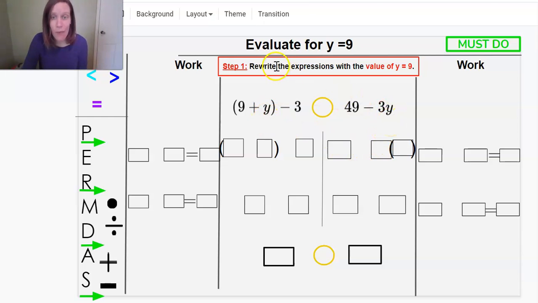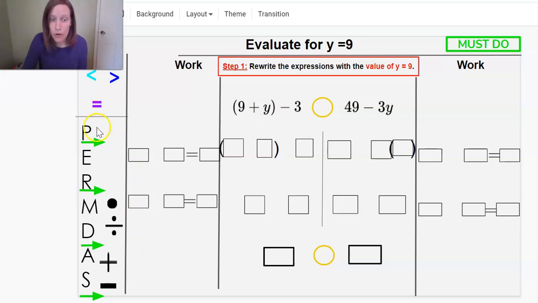But now we are given the value. So every time we see a y, when it says rewrite the expression with the value of y equals 9, we now know that it is worth 9. Its value is 9. So we're going to rewrite the expressions using that value of 9.